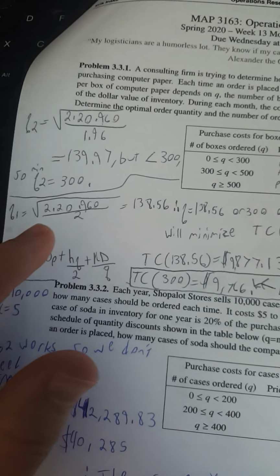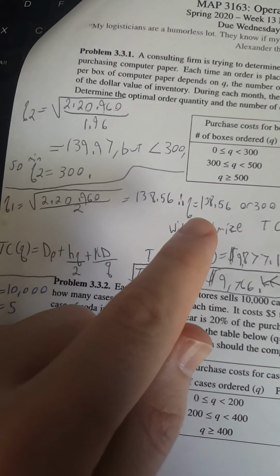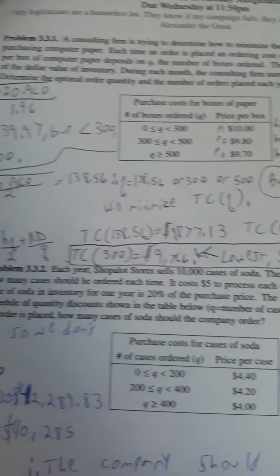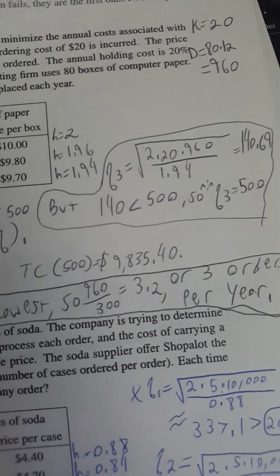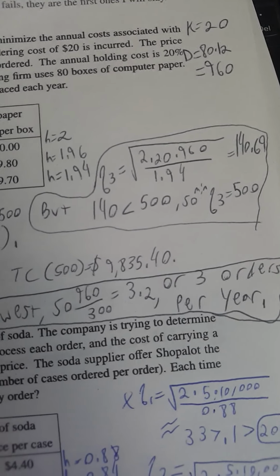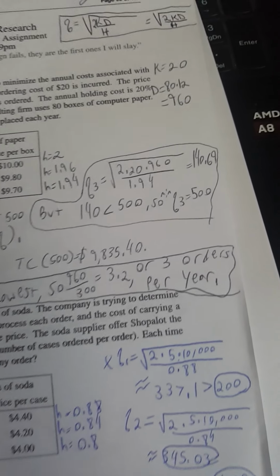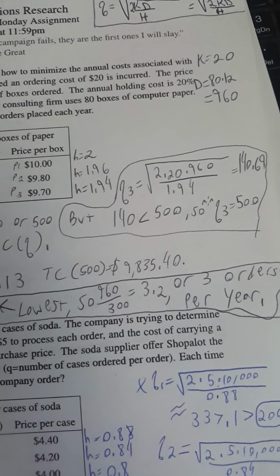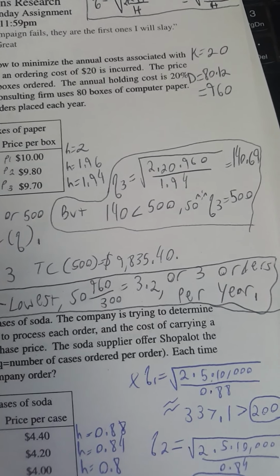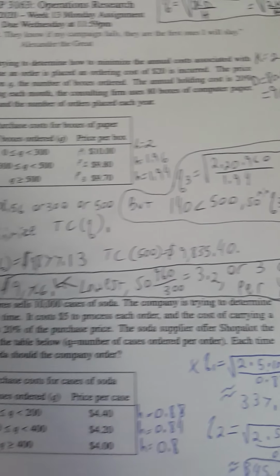So right now our two potential economic order quantities are 138.56 or 300. And now Q3, square root of 2 times 20 times 960 over 1.94 equals 140.69. Same reason as before, 140 is less than 500, so the minimum economic order quantity for that price range is 500.